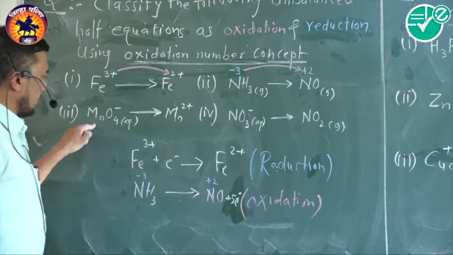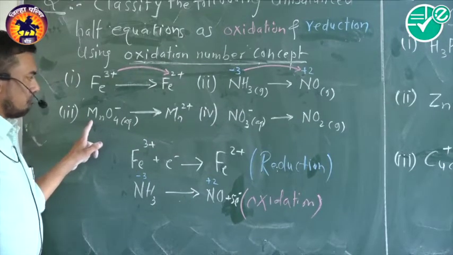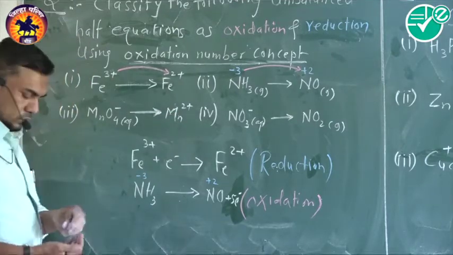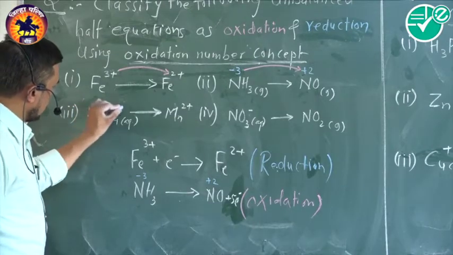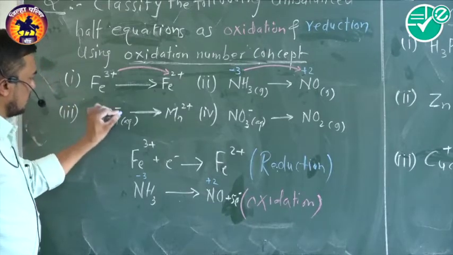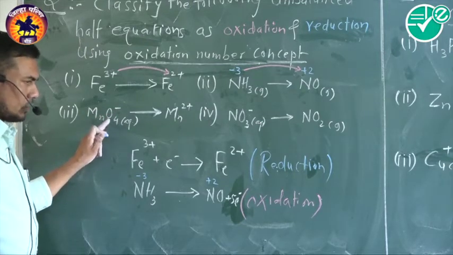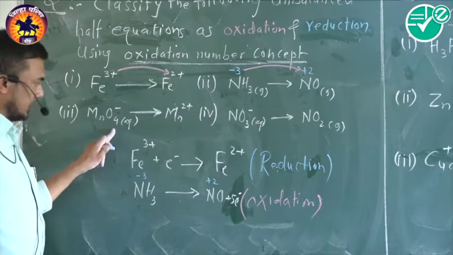Similarly, look at here. We have to calculate the oxidation number of manganese, Mn. Here it is already given as +2 on the product side, so we have to calculate it for the other. It's a polyatomic ion whose net charge is -1, and the oxidation number of each oxygen is -2, so it comes to -8.